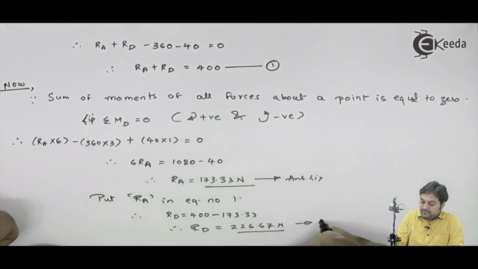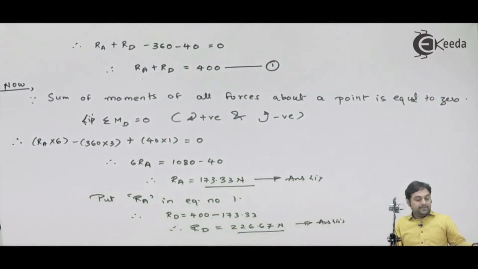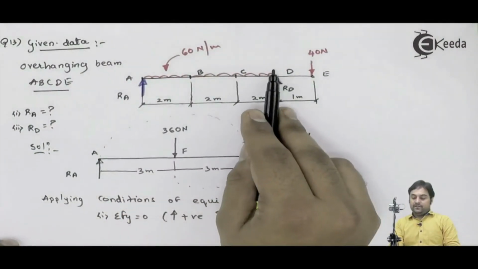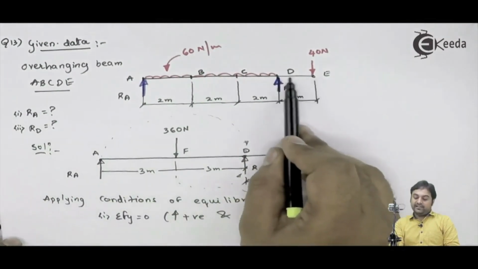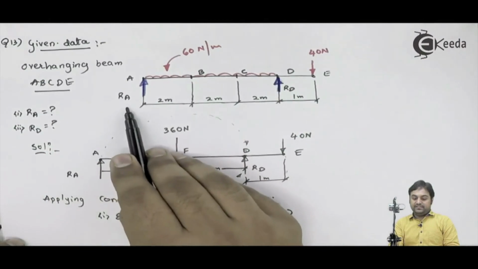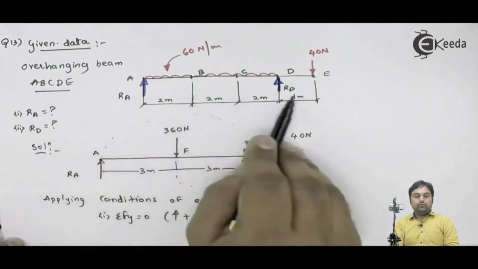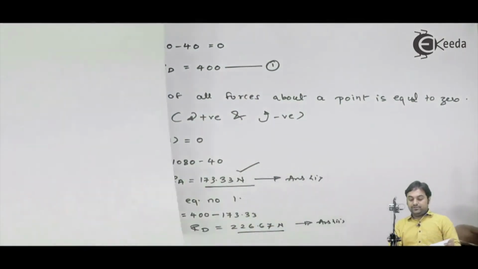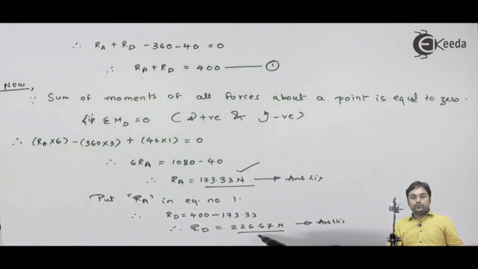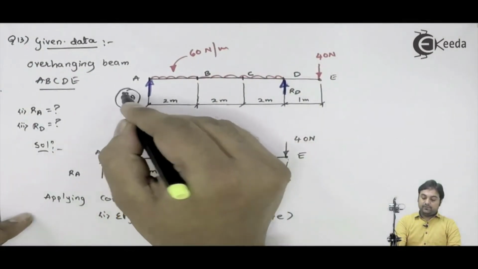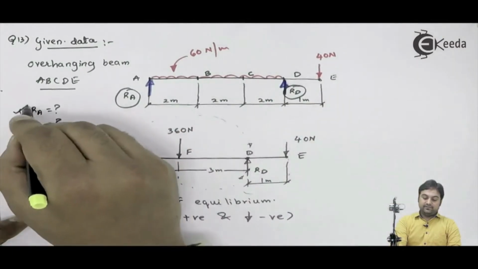That's my second answer. So we have found the reactions for the overhanging beam, which was supported at A and D, and overhanging at portion DE. Here they were asking us to calculate the reaction at A and the reaction at D. We have found both the values. Ra is equal to 173.33 Newton. Rd is equal to 226.67 Newton. So with this we complete the question.